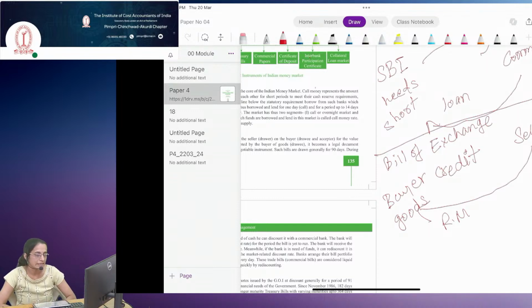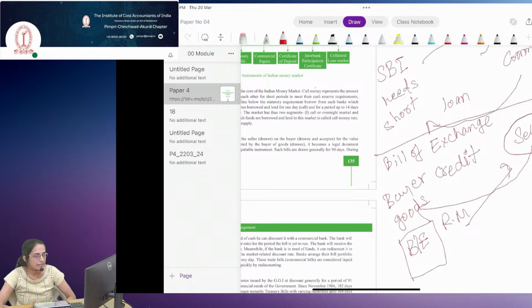So if the buyer says yes, I will give this in writing that I will pay the total amount of the goods, which is suppose 1 lakh rupees, after 2 months. I prepare a bill of exchange, write that within 2 months I will pay 1 lakh rupees and I give this bill of exchange to the seller. Okay. So the seller gets this bill of exchange.